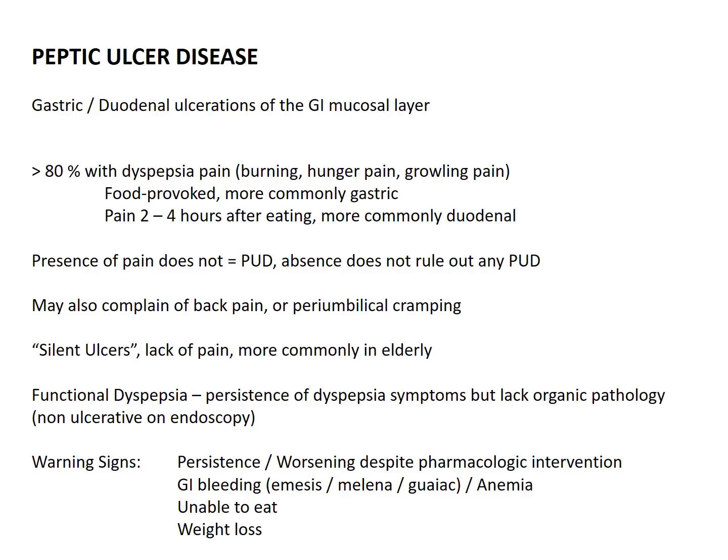But an individual has persistent pain, worsening of pain despite pharmacologic intervention, an individual who's got GI bleeding, either in the form of hematemesis, throwing up blood, guaiac-positive stools or melena, individuals found to be anemic, unable to eat due to pain, losing weight. These would all be risk factors for more severe pathologies, including ulcerative cancers. Let's look at that.